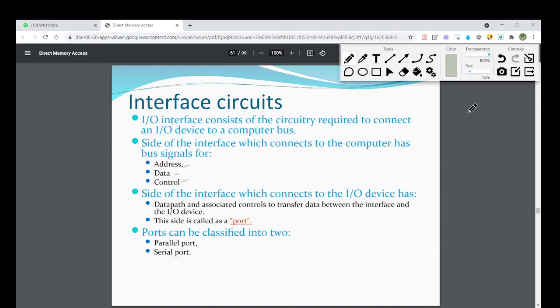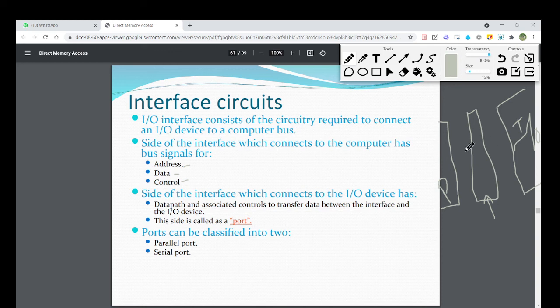So this interface circuitry sits between the processor at one side and the I/O devices at the other side. So we have the I/O device at one end and the processor at the other end, and in between these the interface circuit is fitted.